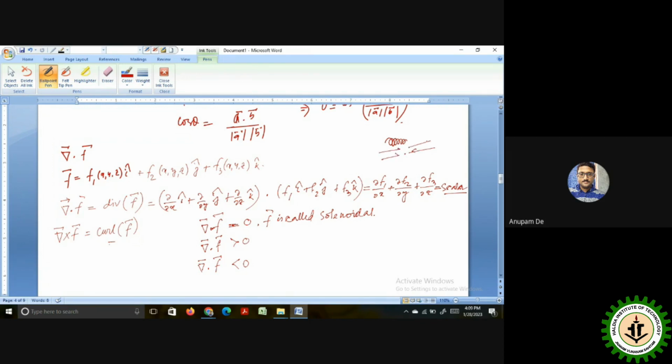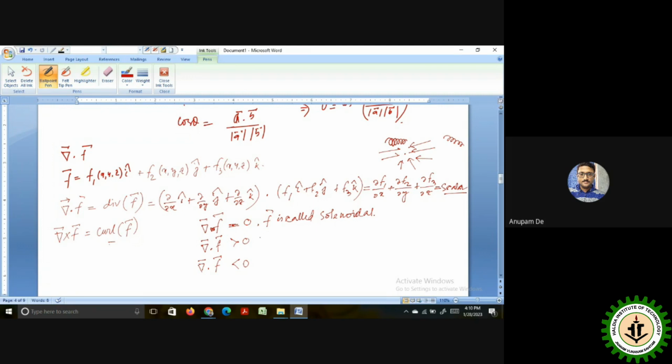It is not like a source or sink. It will be rotating and the field will not be going outside. Solenoidal means the divergence of the vector field will be equal to 0.